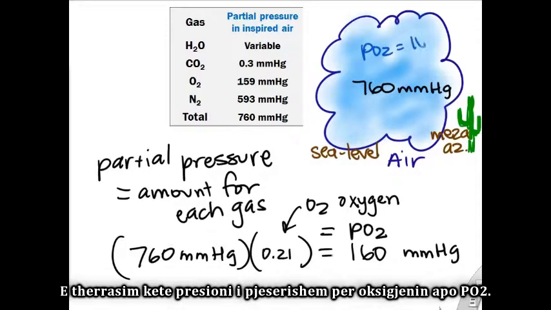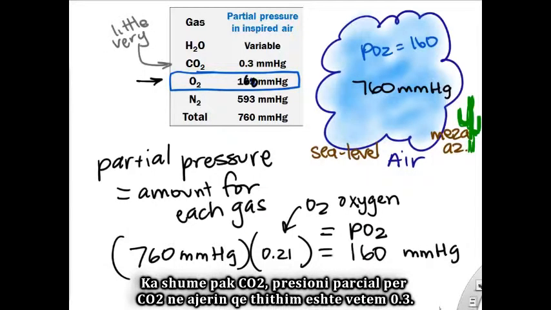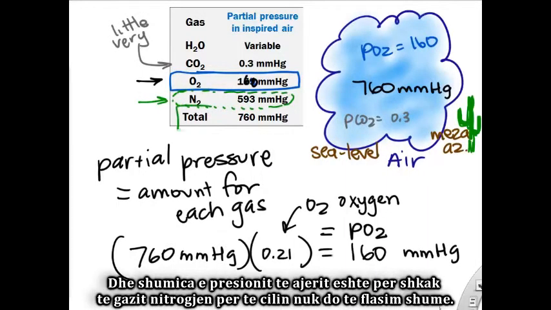We call that the partial pressure for oxygen, or PO2. So that's how we talk about the amount of oxygen in our body, in our blood, and in our air. There's very little CO2. The partial pressure for CO2 in the air we breathe is only about 0.3. And most of the air pressure is due to nitrogen gas, which we won't talk much about.